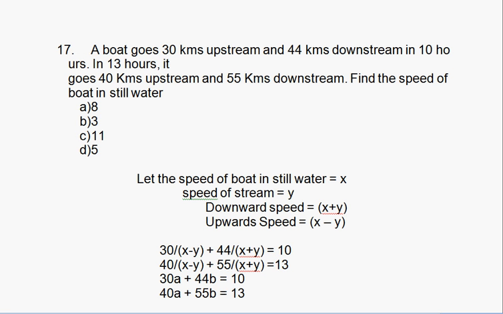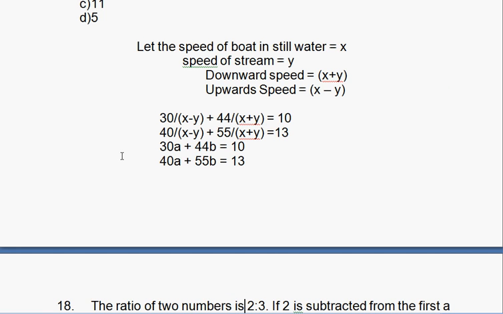So this is how we make it simple. Now we find a and b, and through a and b we find x and y. I think you can do it yourself. I don't remember the right answer, I have to solve it, so I'll leave it up to you. It is from these options only, and this is how you approach the question.